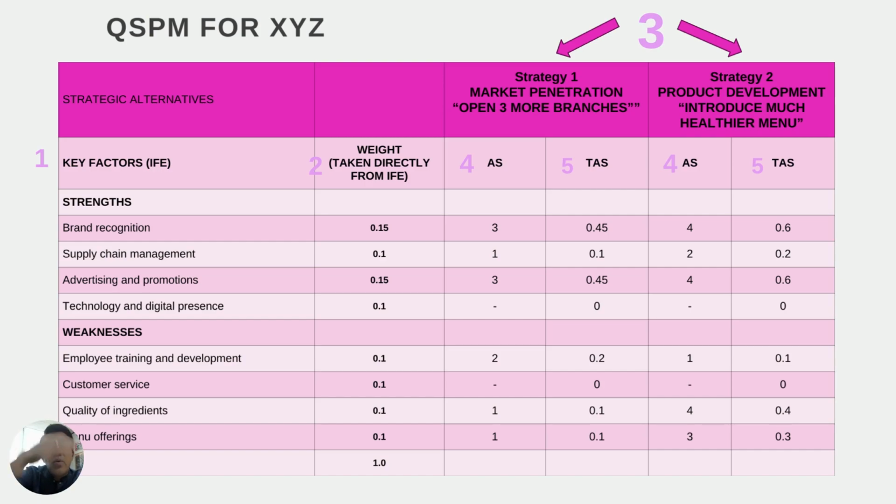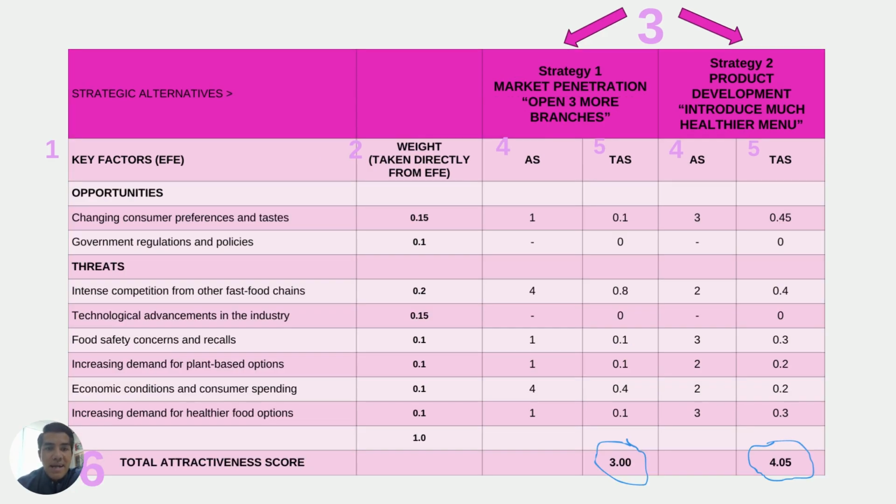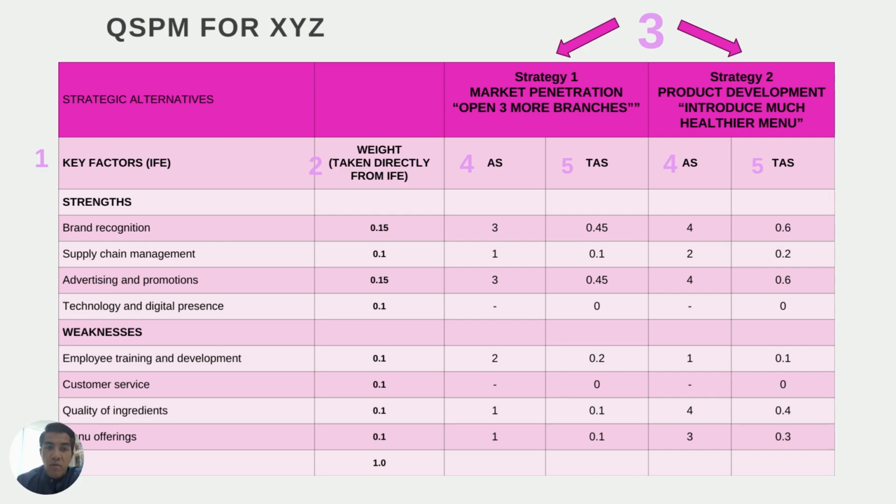Then you are going to do this for every single variable: the strengths, the weaknesses, the opportunities, as well as the threats. If you feel that a particular variable has no effect on any of the strategies, you don't give any score.